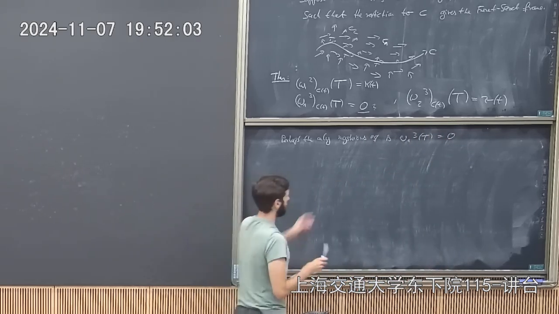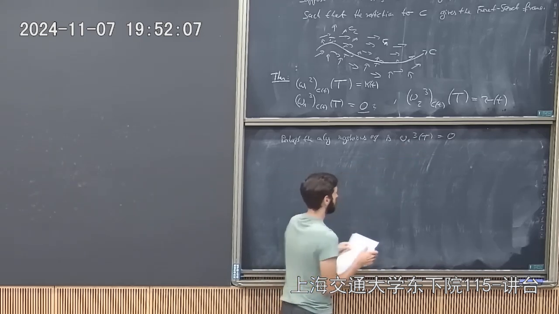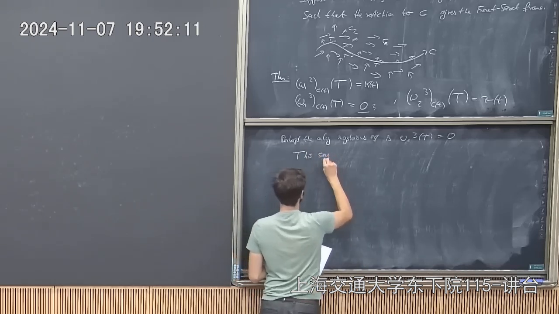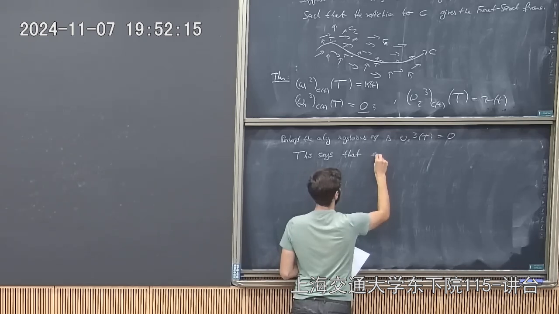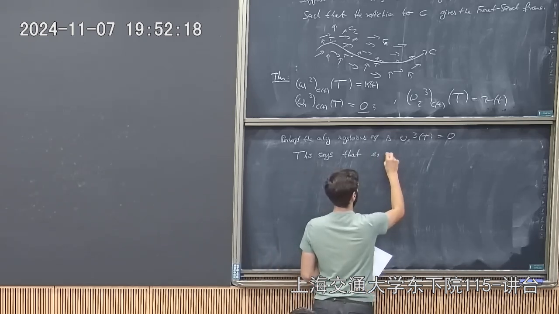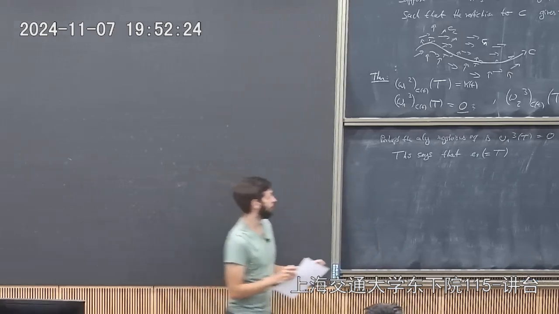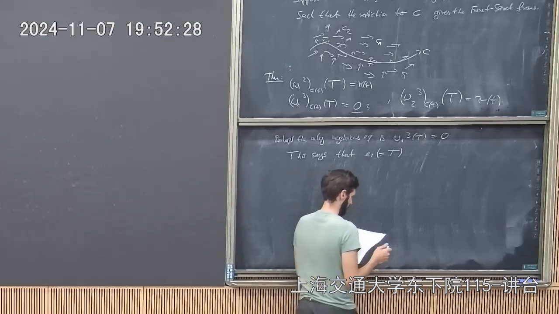So what this equation is telling us is that the vector E1 at the point corresponding to t on the curve, restricted to the curve, is the tangent vector.